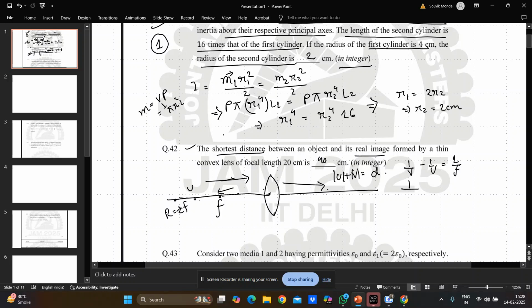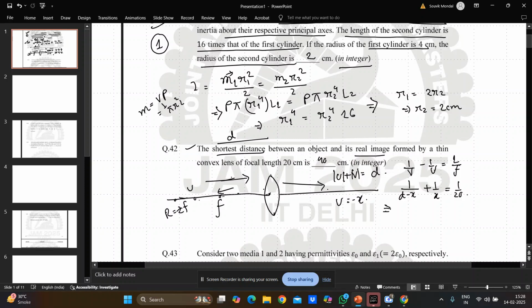D is the shortest distance, I am assuming. Okay, so 1 by (d minus x) plus 1 by x, I am assuming u is negative x, u is equal to negative x, coming with the sign, is equal to 1 by 20.